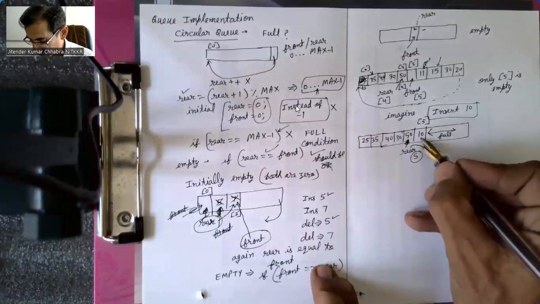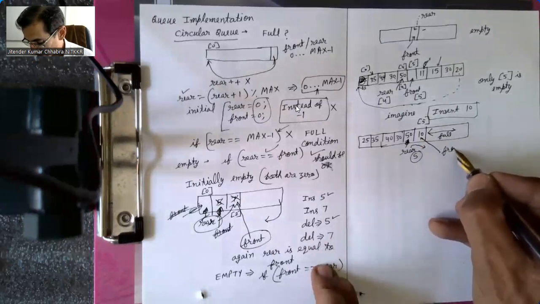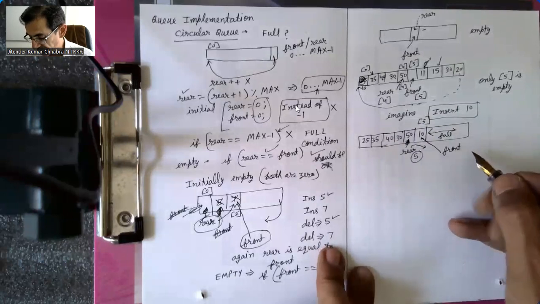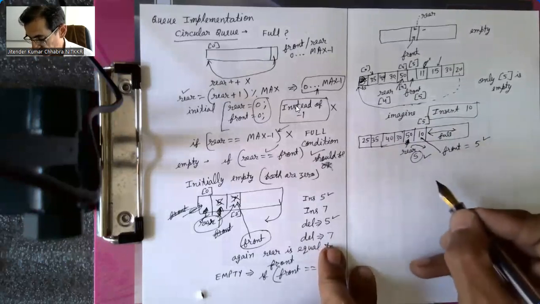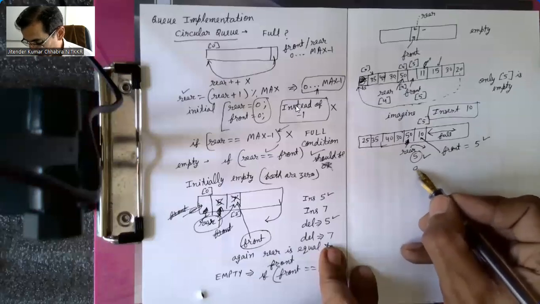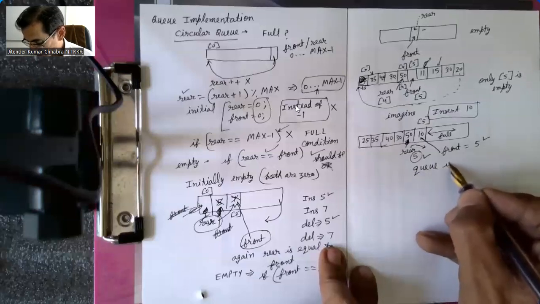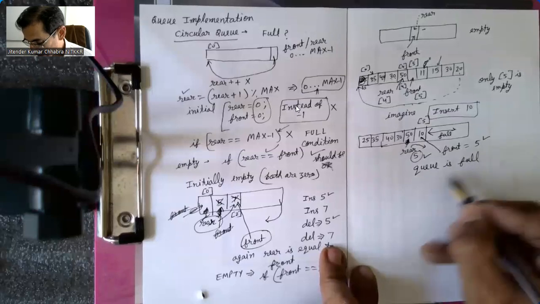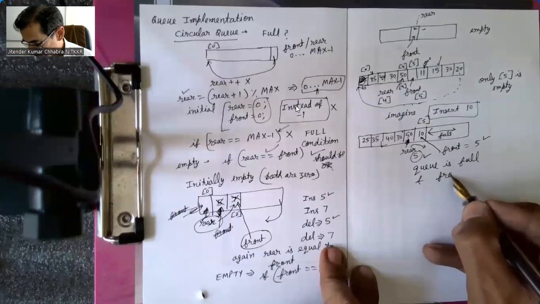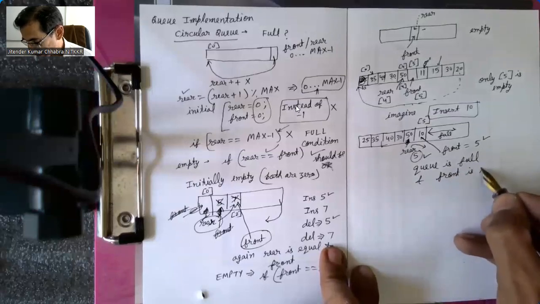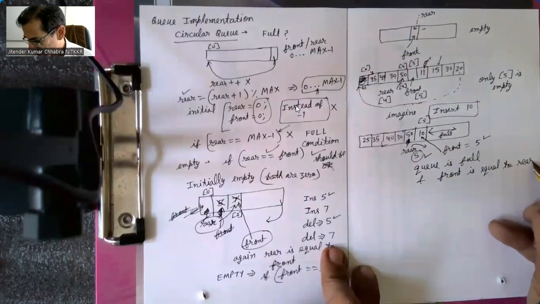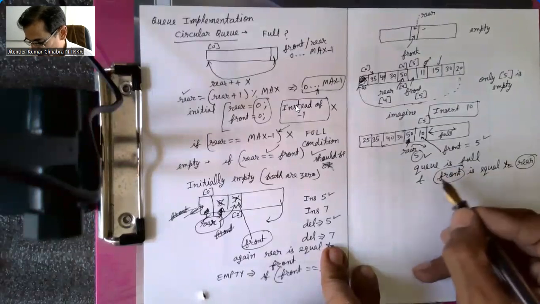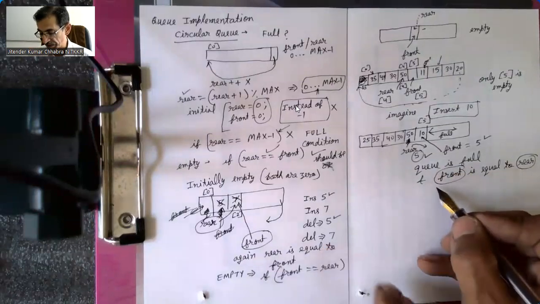And your front is also at this point. So now see, front equals 5. Rear is also 5. So the queue has become full. And at present, front is equal to rear. So earlier, I planned this to be a condition for empty.